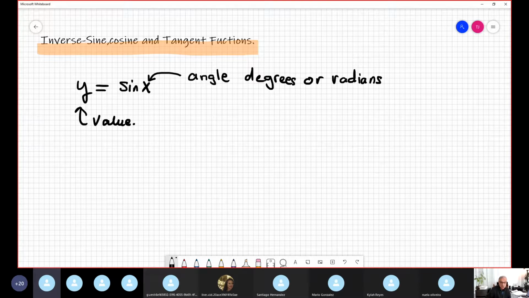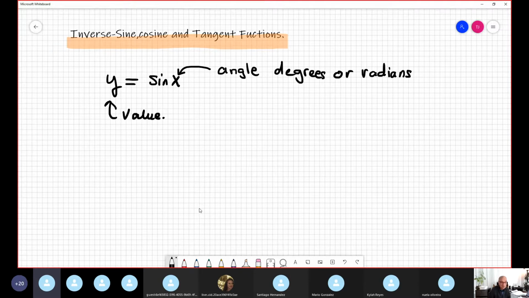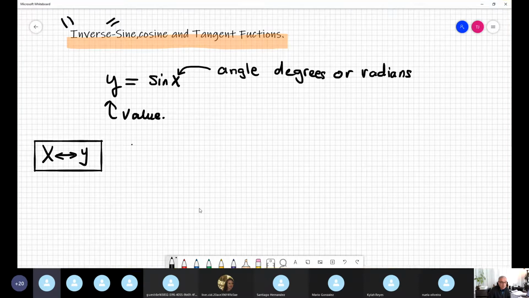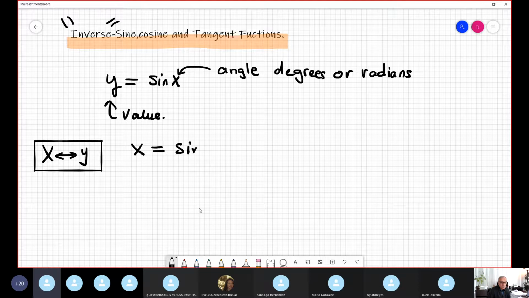In this chapter we study the inverse. Inverse is exactly the same idea that we studied in college algebra. Inverse function is in the other direction. So, to find the inverse function, you always interchange x and y. Now it is x equals sine of y. If you try to represent this in explicit form, this is implicit form.